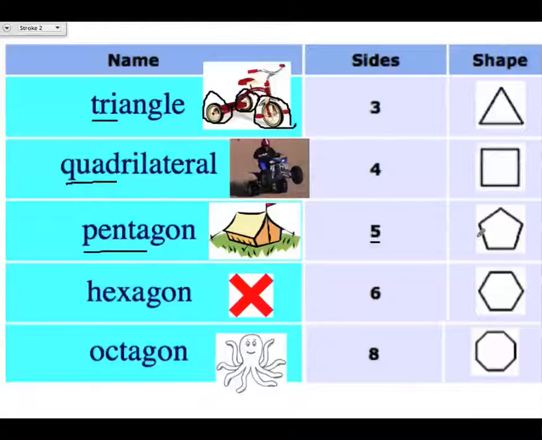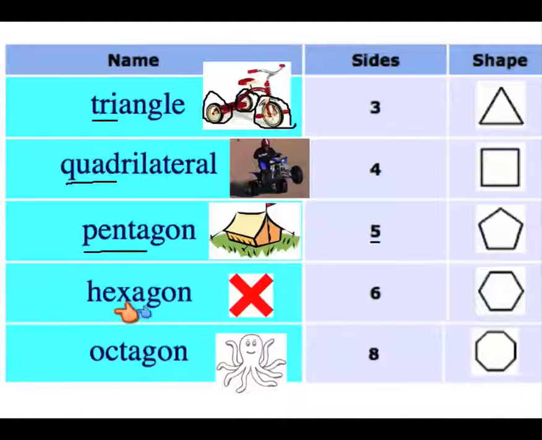And if you look at the shape of a pentagon, it sort of looks like a little tent, doesn't it? Here's the sides, and here's the floor, and here's the roof, or maybe a little house. So that's why I put this picture here to remind you pentagon is a 5-sided figure.